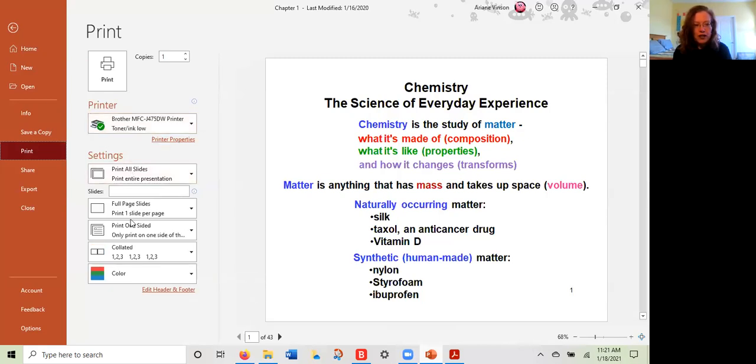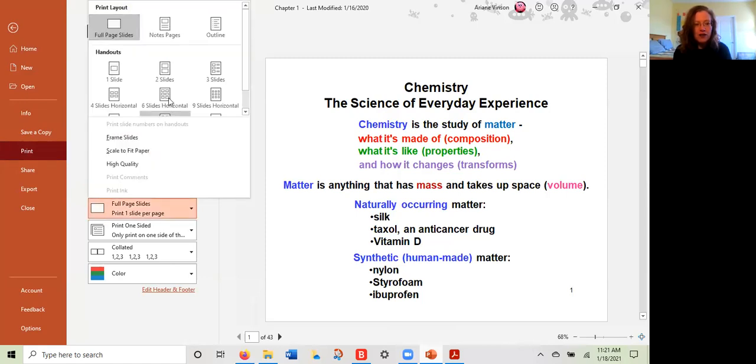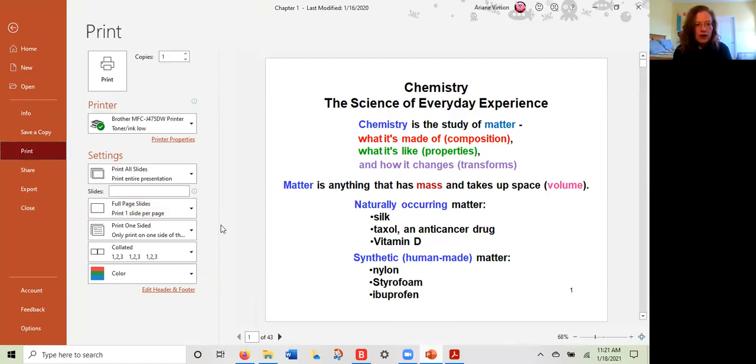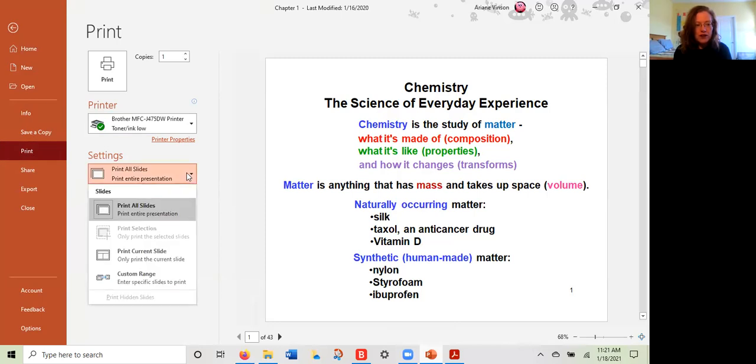If you want them full page slides, or you can get several to a page. Also, you can pick which pages you print. So currently it says print all slides, but we have the choice of printing just selected slides.